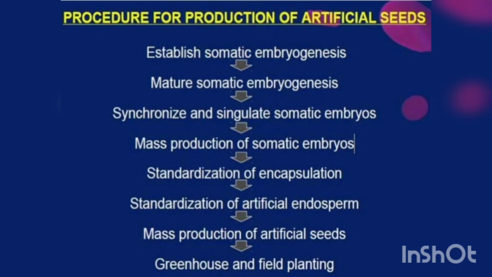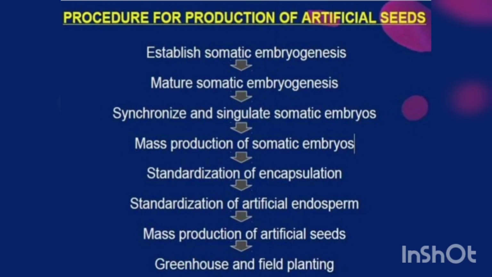Now let's see how these synthetic seeds are produced. First, we have to establish the somatic embryos. These should be mature somatic embryos, and they should be synchronized, that means all of the same age group. Then mass production of somatic embryos should be done.